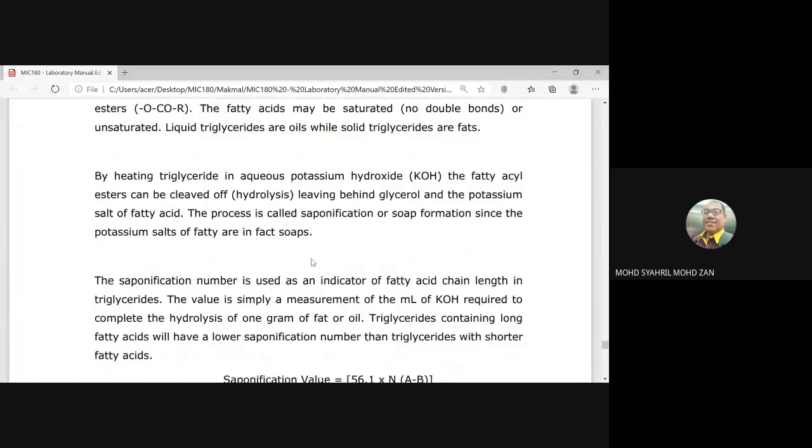For the experiment, by heating the triglyceride in aqueous potassium hydroxide or KOH, the fatty acyl ester can be cleaved off, or hydrolyzed, leaving behind glycerol and the potassium salts of fatty acids. This process is what we call saponification, or in other words, soap formation, since the potassium salts of the fatty acids are in effect soaps.